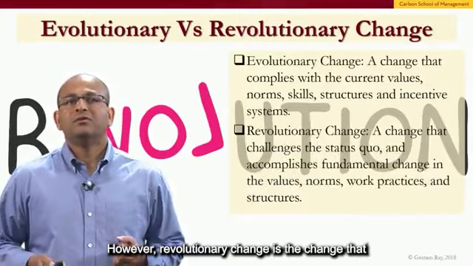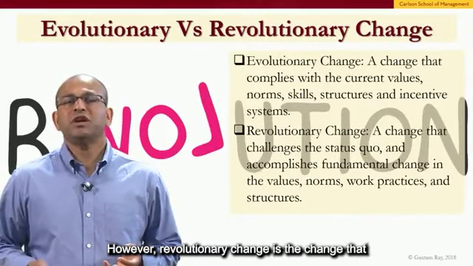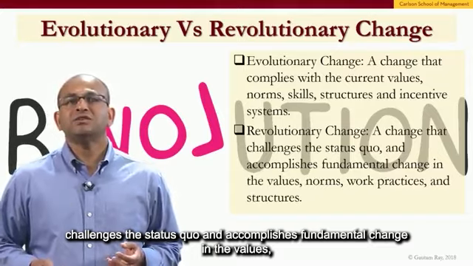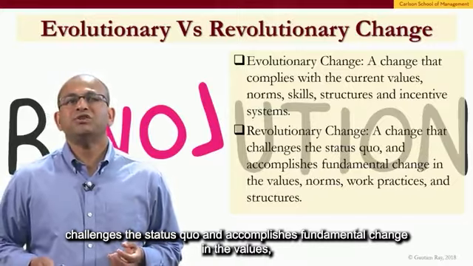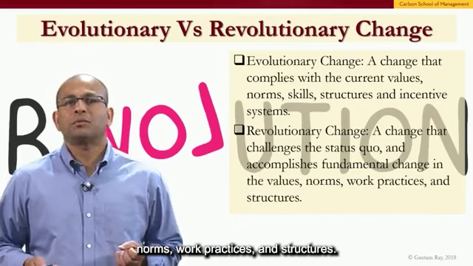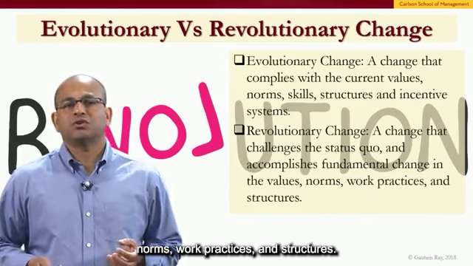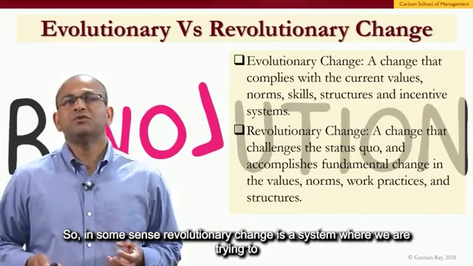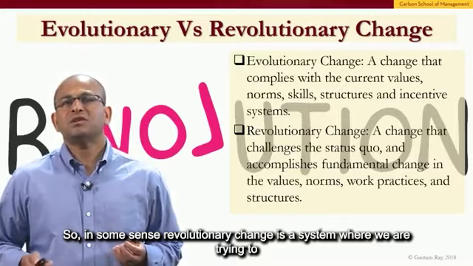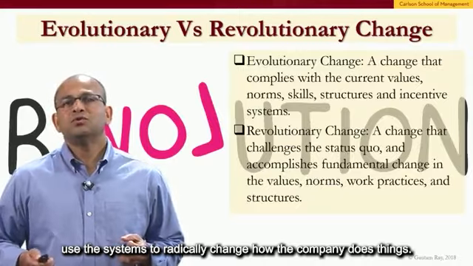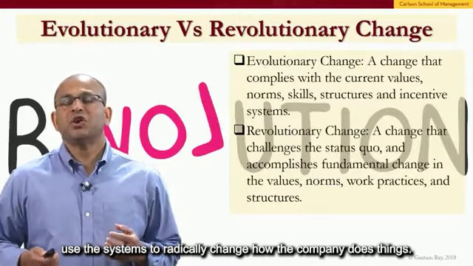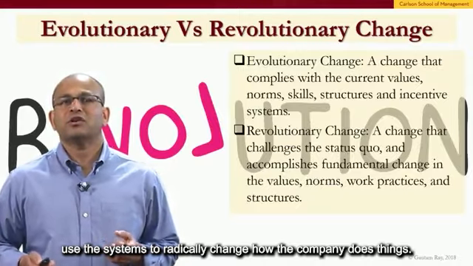However, revolutionary change is a change that challenges the status quo and accomplishes fundamental change in the values, norms, work practices, and structures. In some sense, revolutionary change is where we are trying to use the systems to radically change how the company does things.